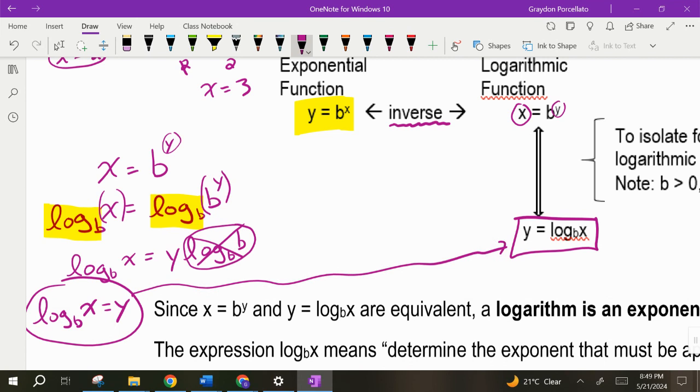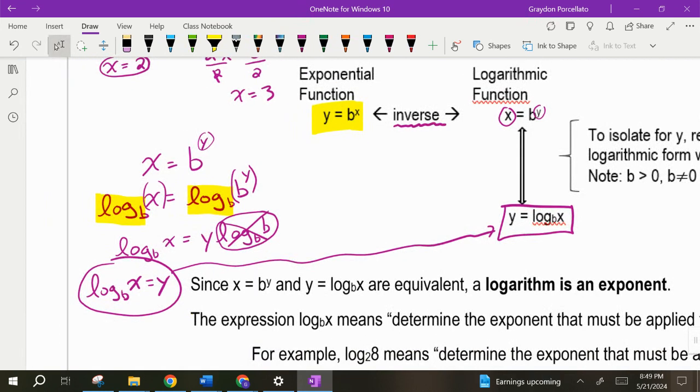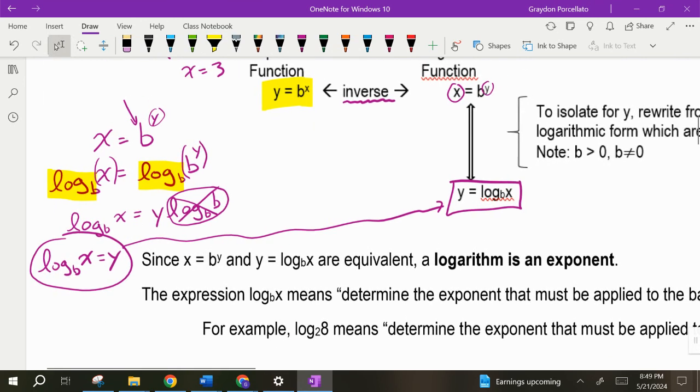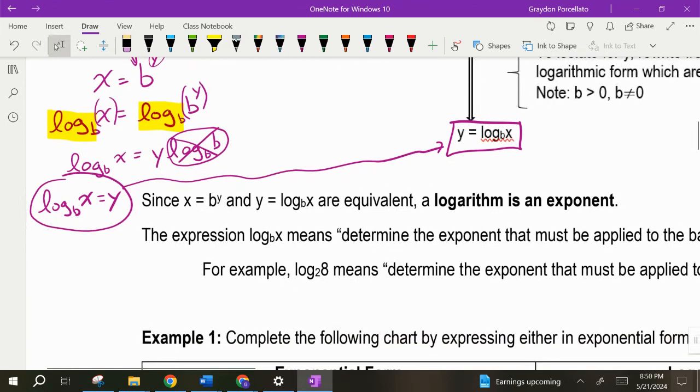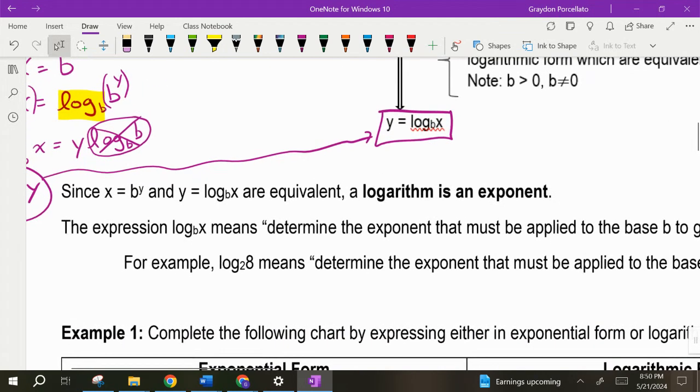Okay? And that's kind of how we do that isolating. All right, we take the log base b of both sides, and we do base b because that is our base in our power. Okay? So let's continue reading here for a little bit, and then we'll go through some examples.